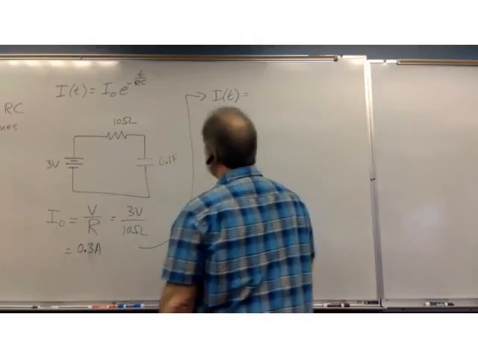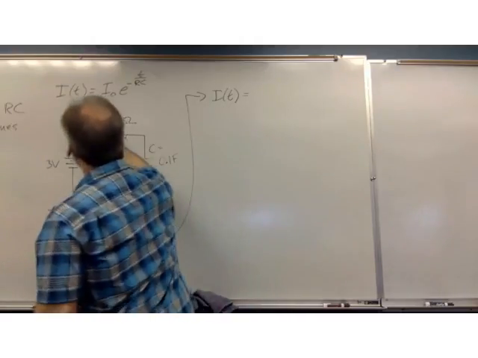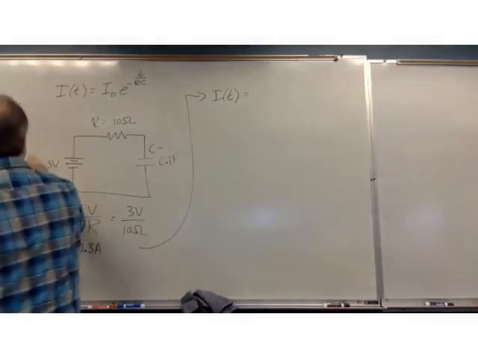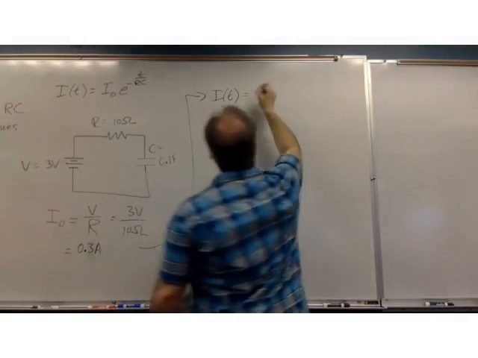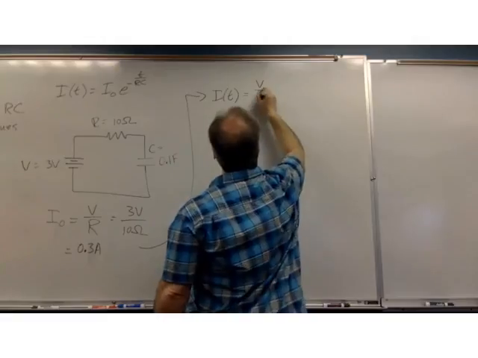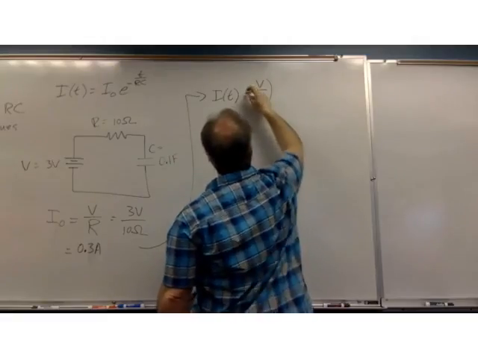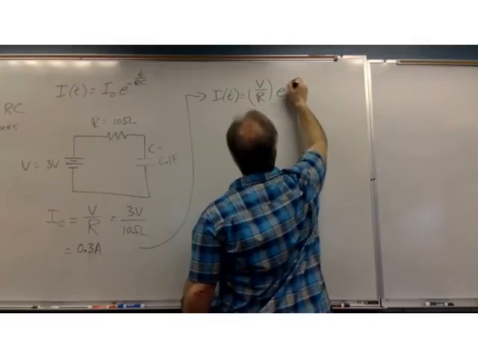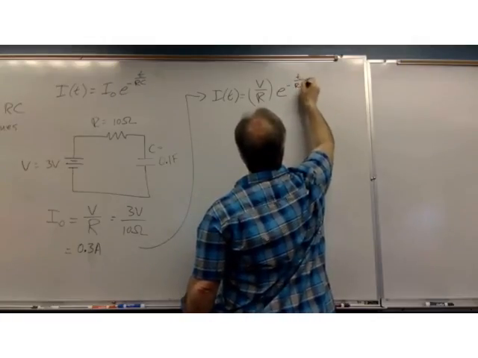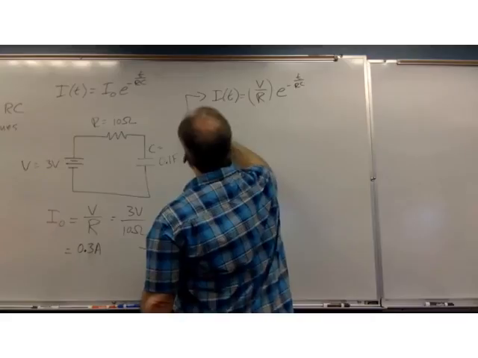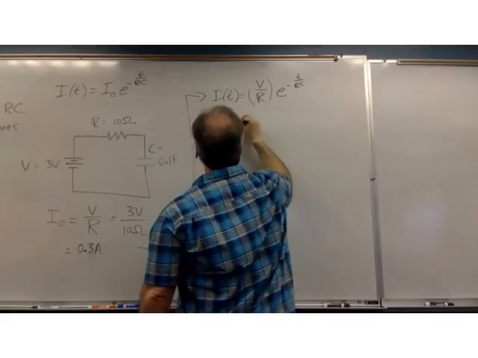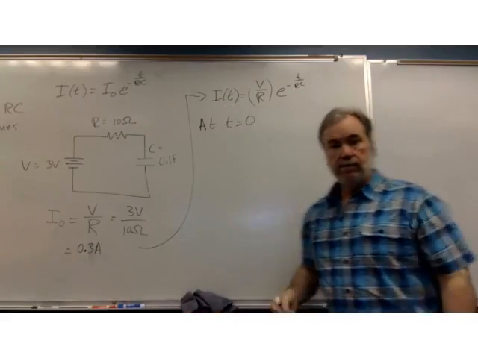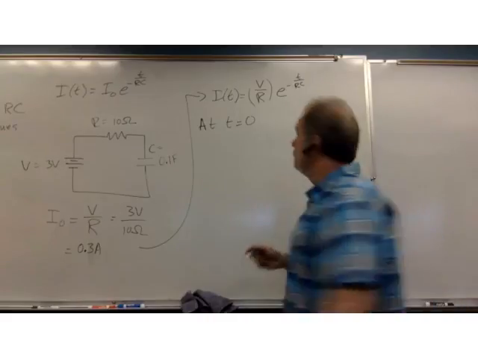So I naught is the potential difference divided by the resistance of the circuit times e to the minus t over RC. But the initial current, of course, happens at t equals 0. That's what initial means, t equals 0.